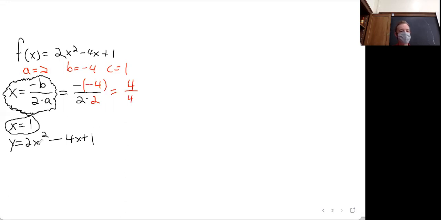But now we're going to substitute these X's for the X value that we just found. So I'm going to put ones, positive ones, in both of these parentheses here.